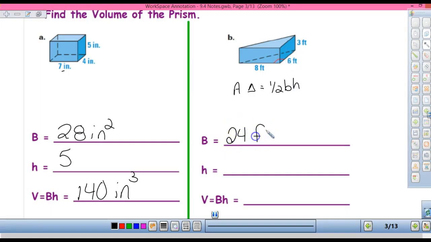And we've got 24 feet squared. The height is still the distance between the two bases. So in this case, it is 3 feet. And then it's the same thing. Area of the base is 24 times the height, which is 3. We are getting 72 feet cubed. Okay, don't forget to cube it.